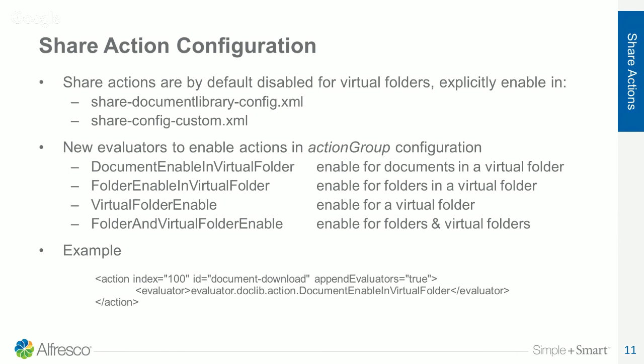It's affecting the details view and the browse view, because for the details view and the browse view, there are action groups. So you have an evaluator for documents and an evaluator for folders in a virtual folder. And then you will have an evaluator for virtual folders themselves. If you want an action to appear either in the browse or in the detail view, you have to add this evaluator in the share config custom. An example I've provided here.